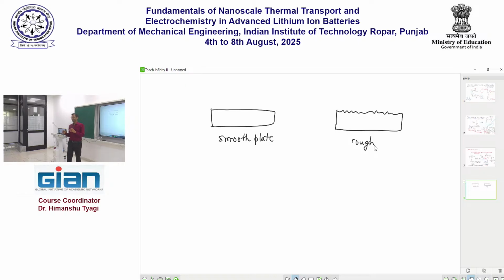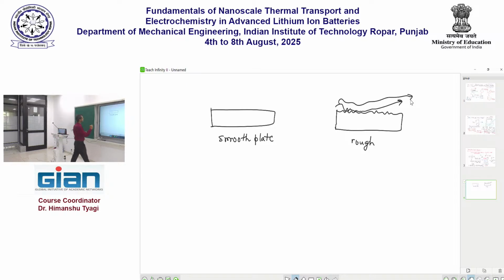Why? Yes, because it is able to come into touch with it more intimately, this air that blows over it. Whereas the smooth plate, the air just glides, just passes over it, does not have an opportunity to really get to know the plate. So if the plate is rough, in other words, the geometry of the plate also makes a difference in the extent of convective heat transfer that occurs between the two.